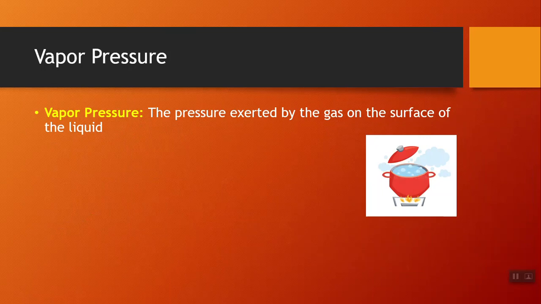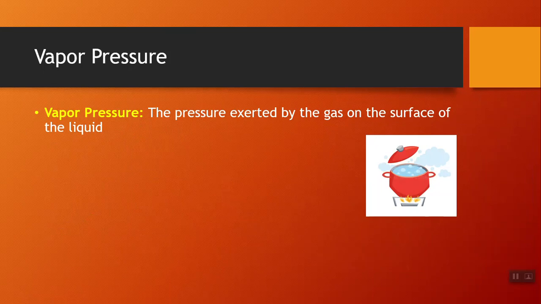So why is that? What is actually going on on the inside? So we know that when heat is being added, the liquid water is going to boil and turn into gas, right? So then why is it that the lid rattles, or why is it that we might even see some of the steam come out? It's because there's too much pressure that's built up inside, right?